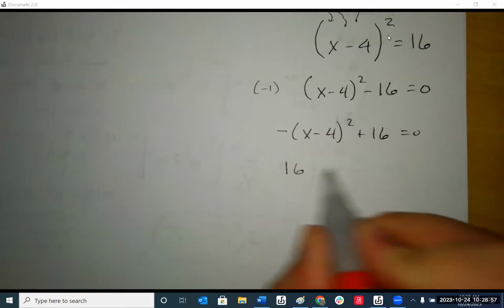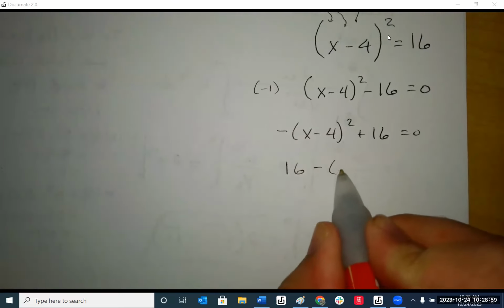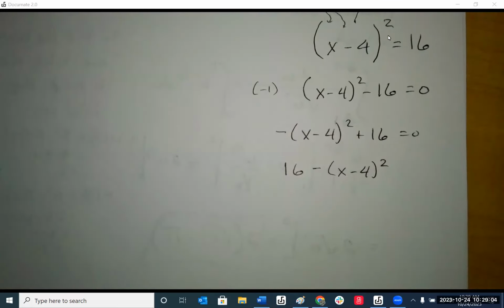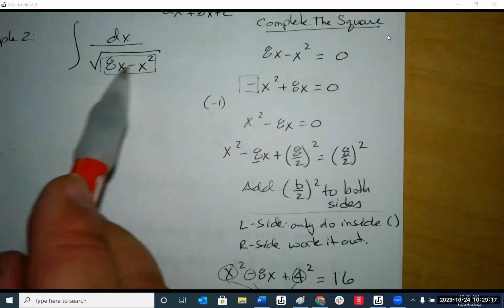So the factored form, or the complete the squared form, is like this. Why is it this way? Because that's the way our original equation was written or structured.